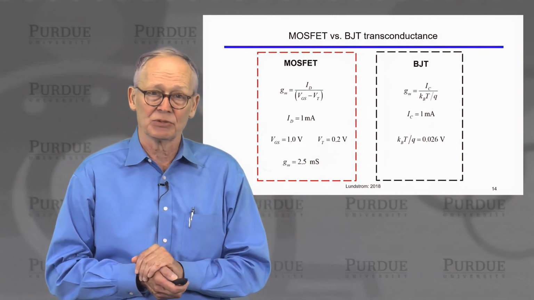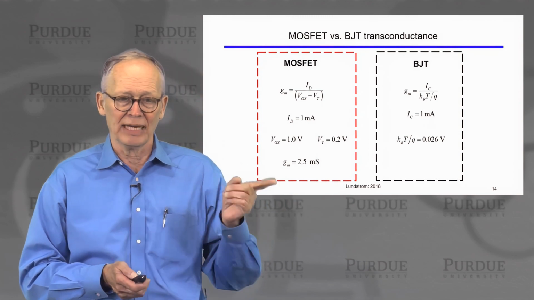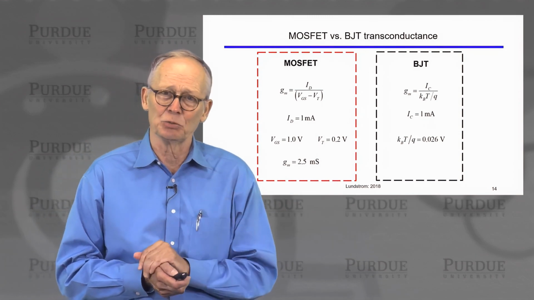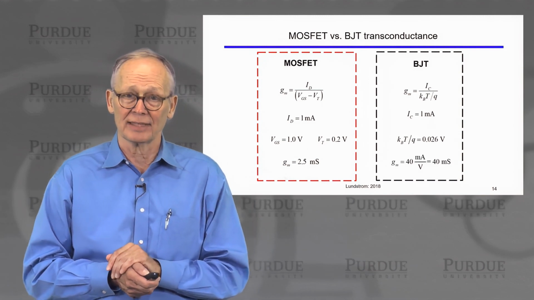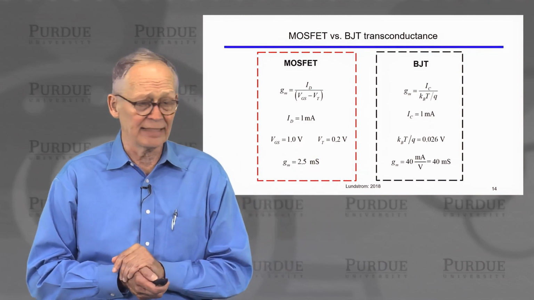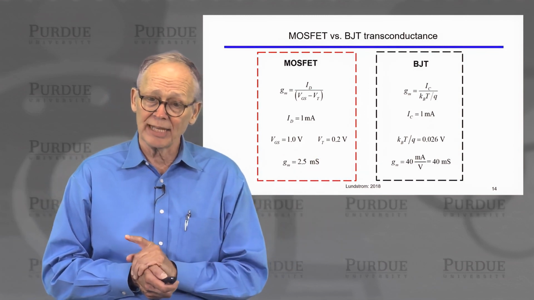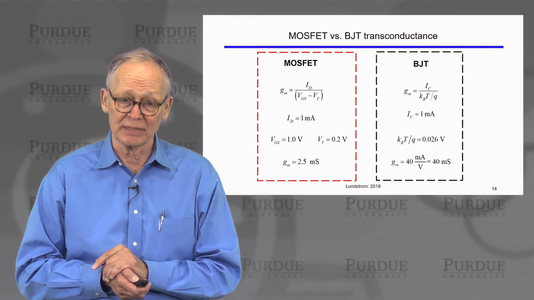If I compute the transconductance of the MOSFET, that's 1 milliamp divided by VGS minus VT, that's about 2.5 millisiemens. If I compute the transconductance of the bipolar transistor, you can see that it is 1 milliamp divided by a much smaller voltage, so it's more like 40 millisiemens.